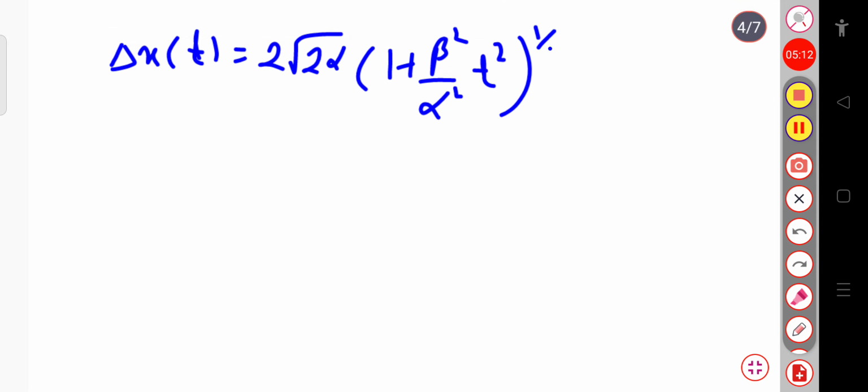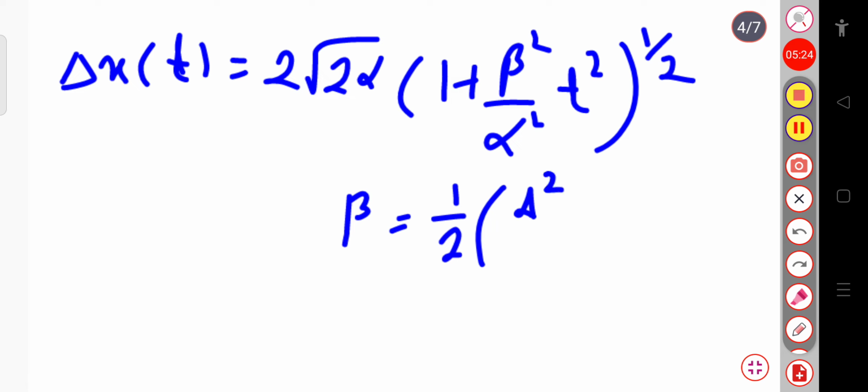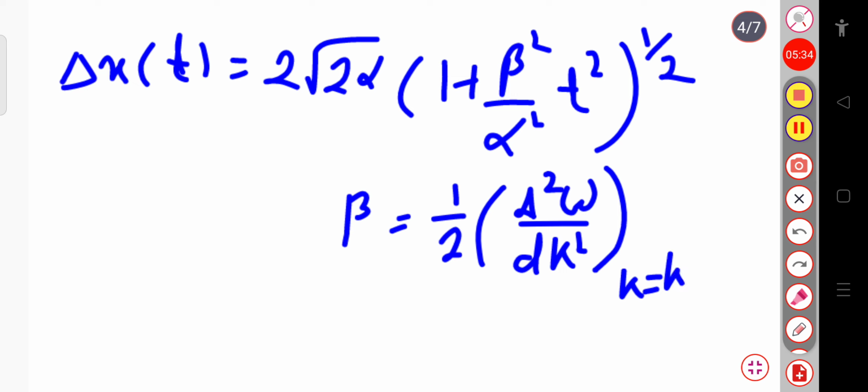Here beta represents the value of beta equal to 1 by 2 of d square omega divided by dk square at k equal to k naught. This is the value of beta.